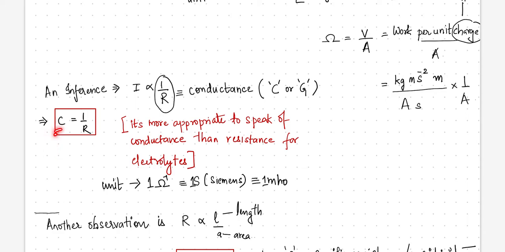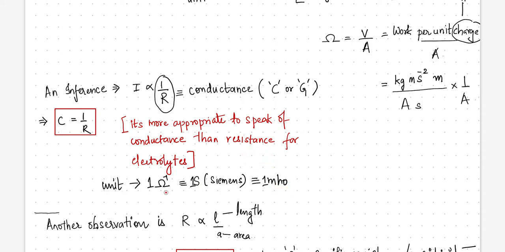Now, if you talk about the unit of conductance, it's very simple because we know the unit of R is ohm. So the unit of conductance is simply per ohm. Per ohm can be written as Siemens, represented as capital S, and it's also equivalent to ohm written in the reverse order, so it's called mho.